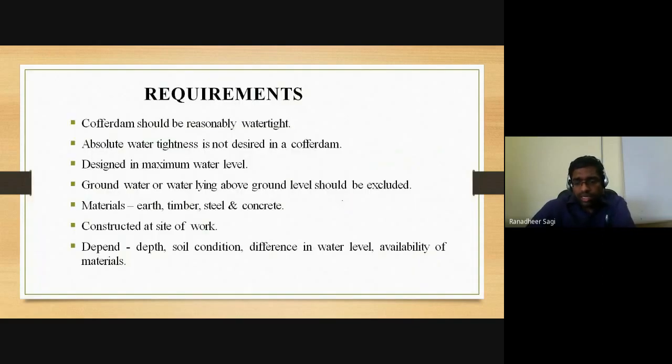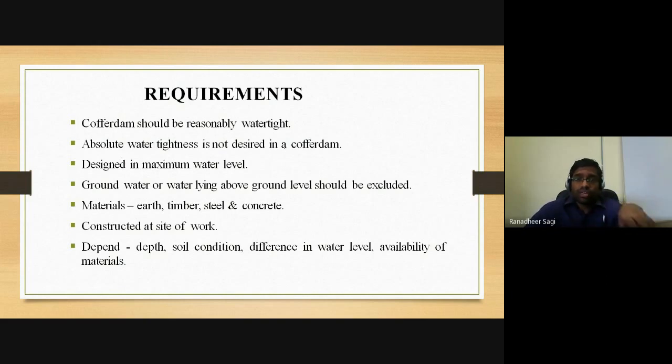Now, what are the certain requirements that your cofferdam has to satisfy in order to ensure that this temporary structure can meet my requirements in subsequently taking up the construction of any foundation or any kind of structure in that particular area which is barricaded or created by construction of your cofferdam. Cofferdam should be reasonably watertight.